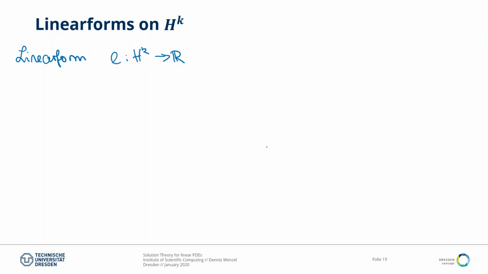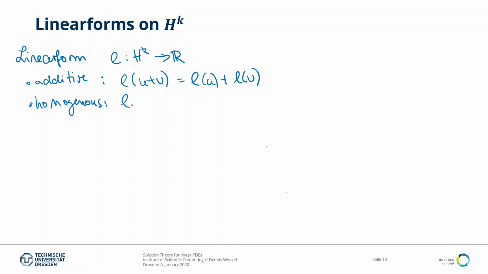And of course, it has to fulfill properties. The first property it has to fulfill is that L is additive. That's precisely those two components of linearity that you are usually used to. So it's additive, meaning that L of u plus v is the sum of L of u plus L of v. And it's so-called homogeneous.